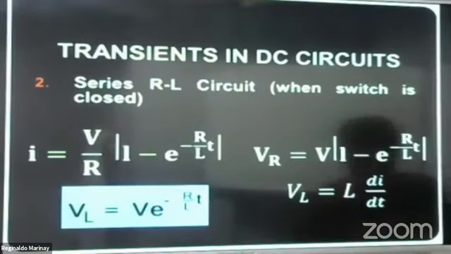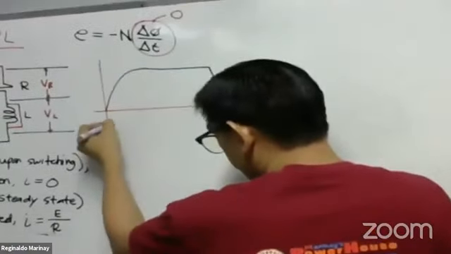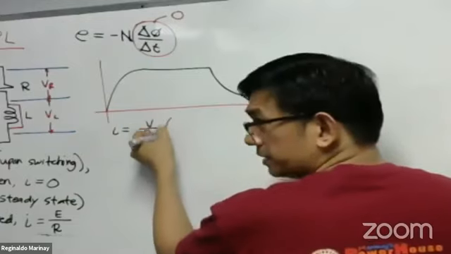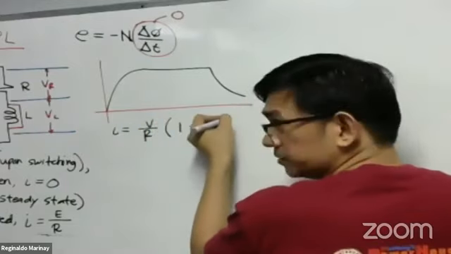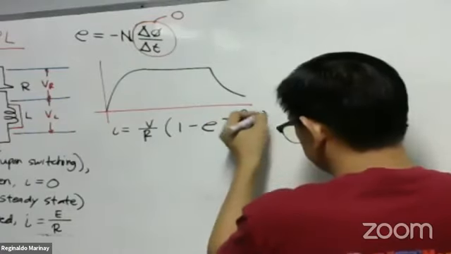I want to make a little derivation of the formula of the current. In the PowerPoint, the current formula is I equals V over R times 1 minus e raised to negative R over L times t.